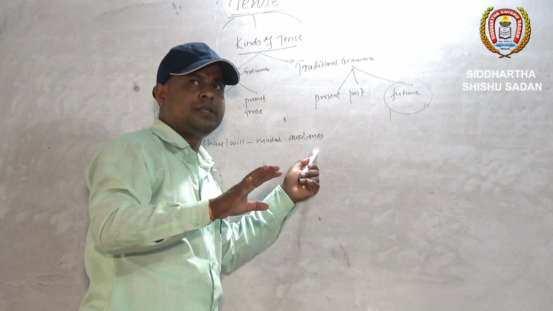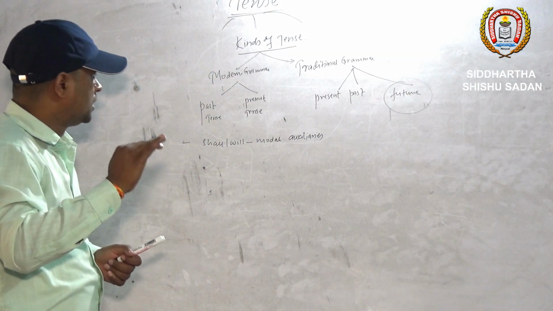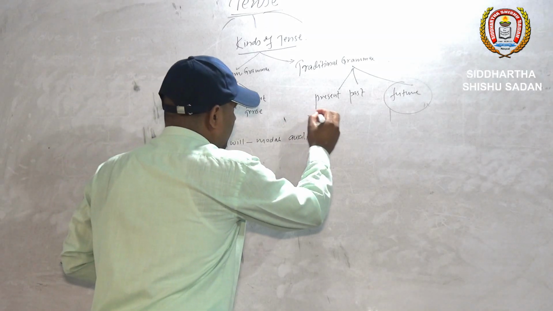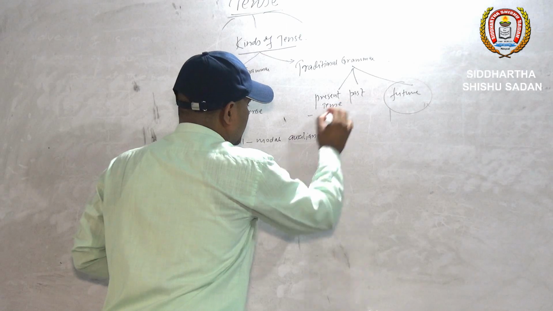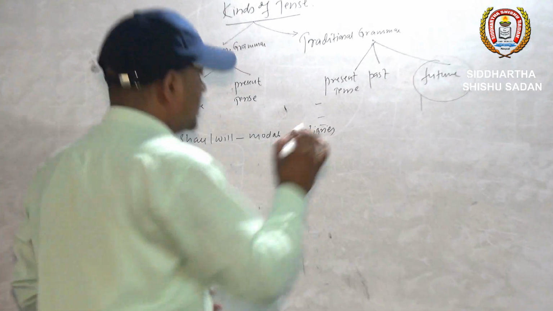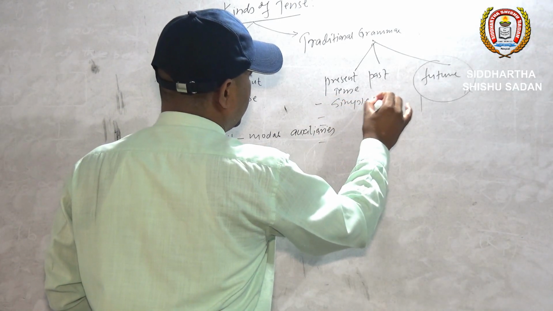I would like to write about them all together. Okay, just please write here. Present tense has 4 categories. Simple present, you know this.